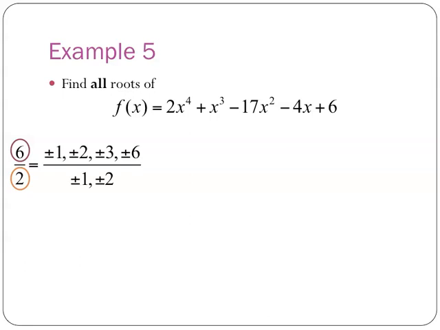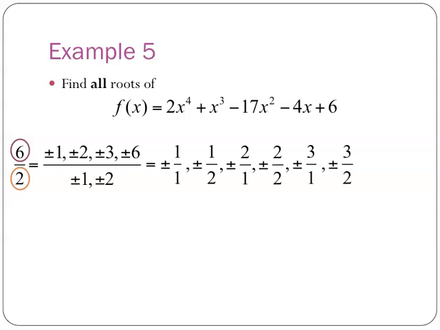So plus or minus 1 over 1, plus or minus 1 over 2, plus or minus 2 over 1, plus or minus 2 over 2, plus or minus 3 over 1, plus or minus 3 over 2, plus or minus 6 over 1, and plus or minus 6 over 2. Now, there are a couple things to notice before we start plugging these numbers into the calculator.